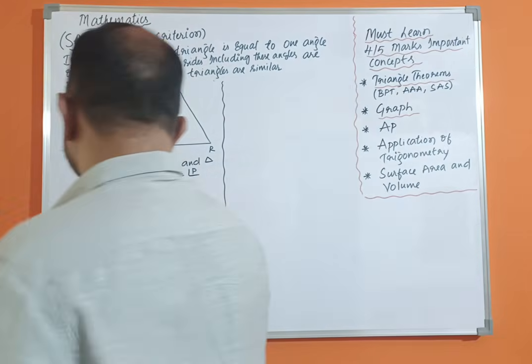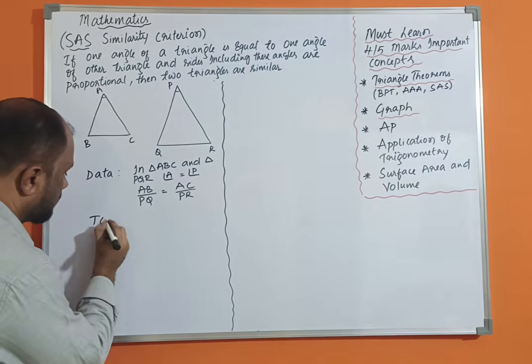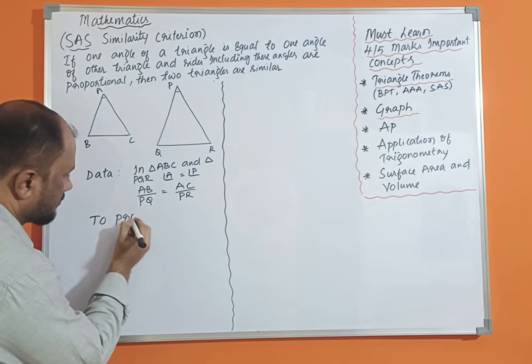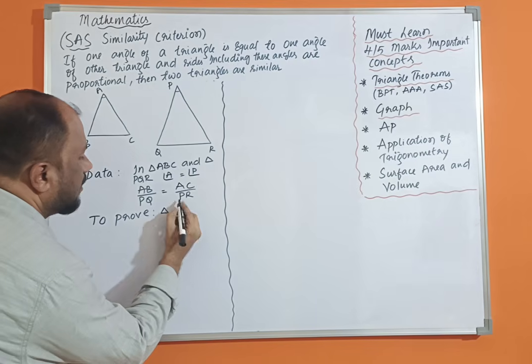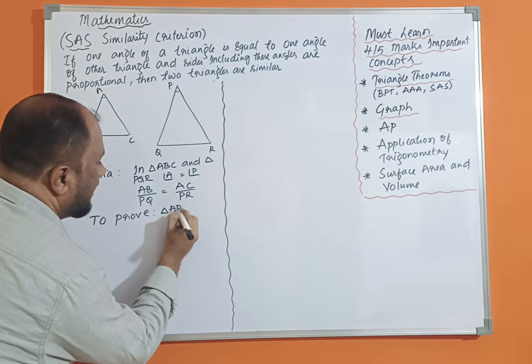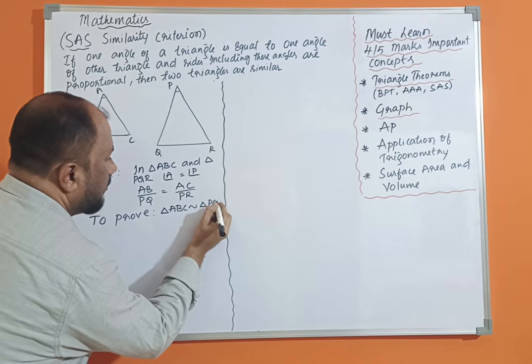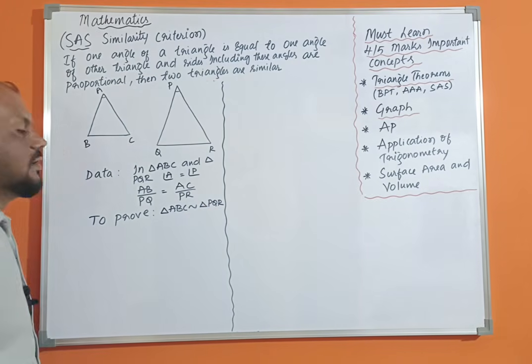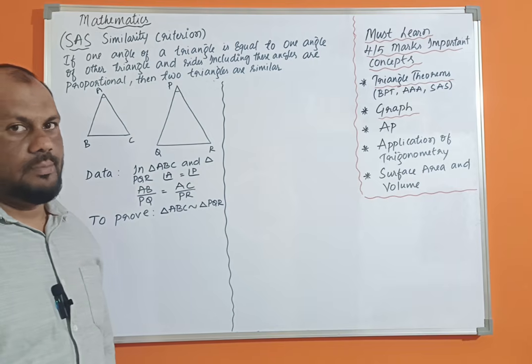Now what are we trying to prove? To prove: triangle ABC is similar to triangle PQR.